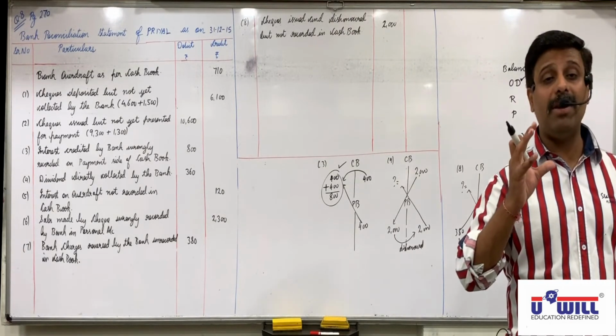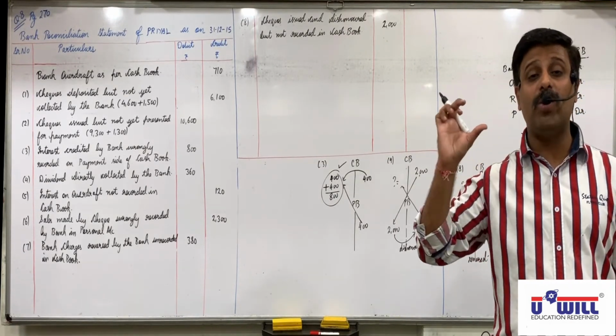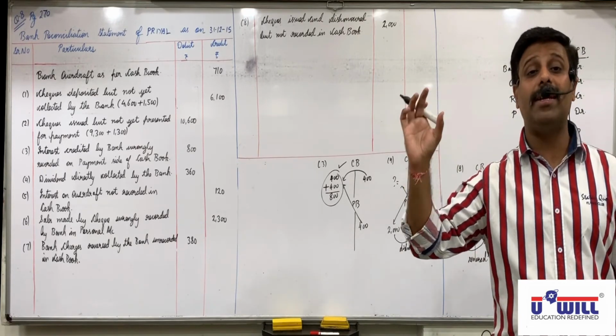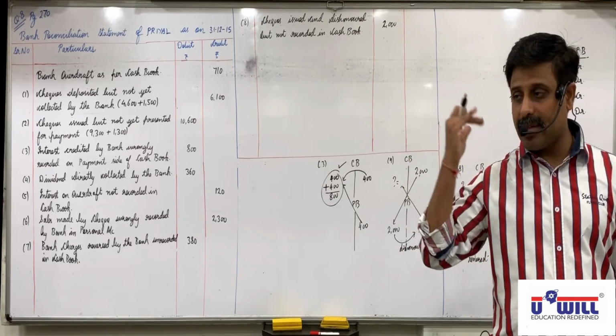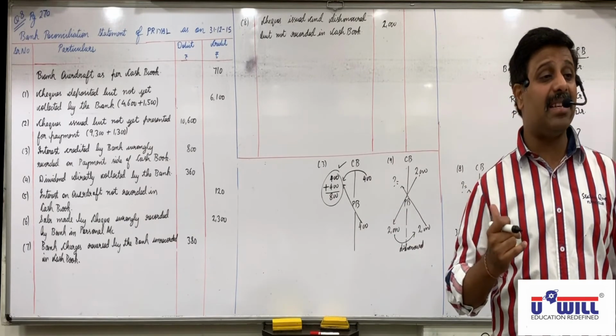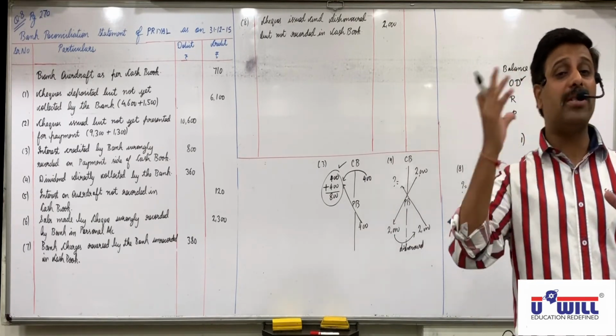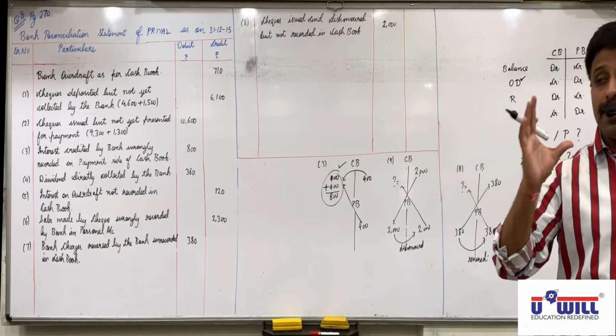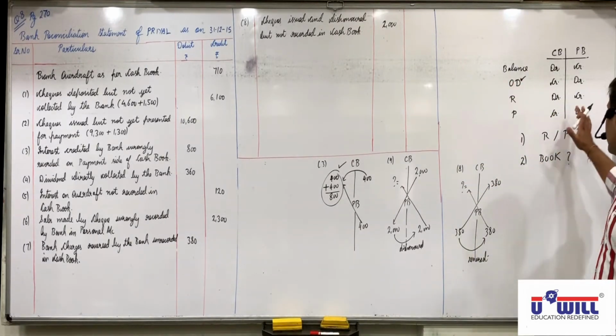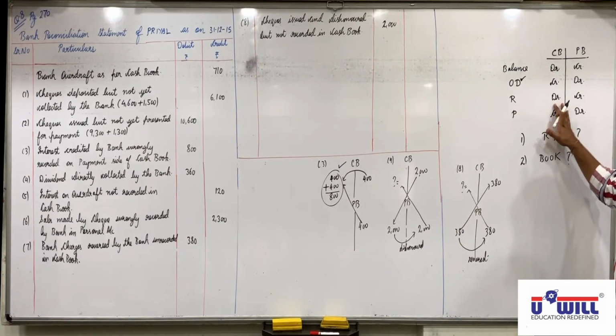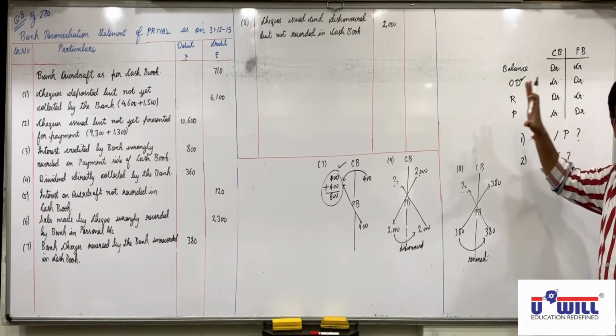Means how much amount will be collected by the bank? Net amount that will go in our bank account? 2900. They are collecting 3000 on our behalf, but for giving this service they are charging 100 rupees. So what is the amount that will get deposited in our account? 2900. 2900 is credited in passbook but not debited in cash book, so debited.